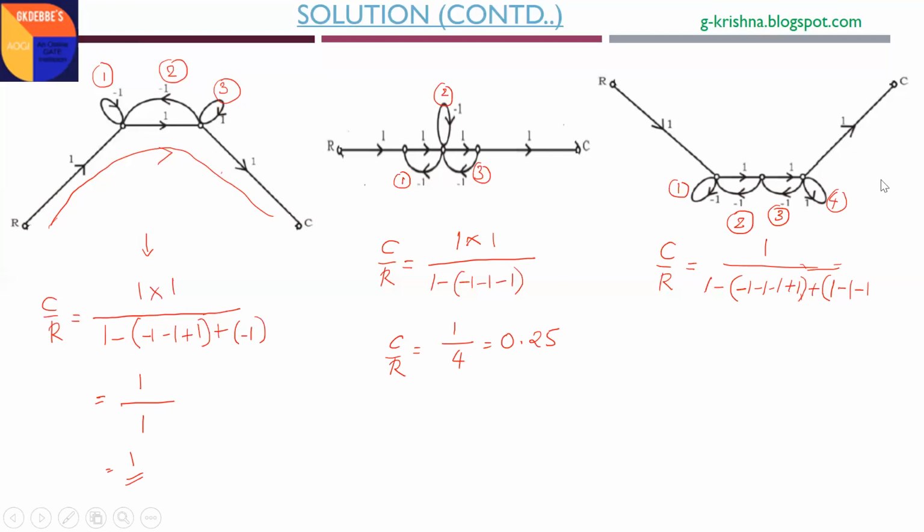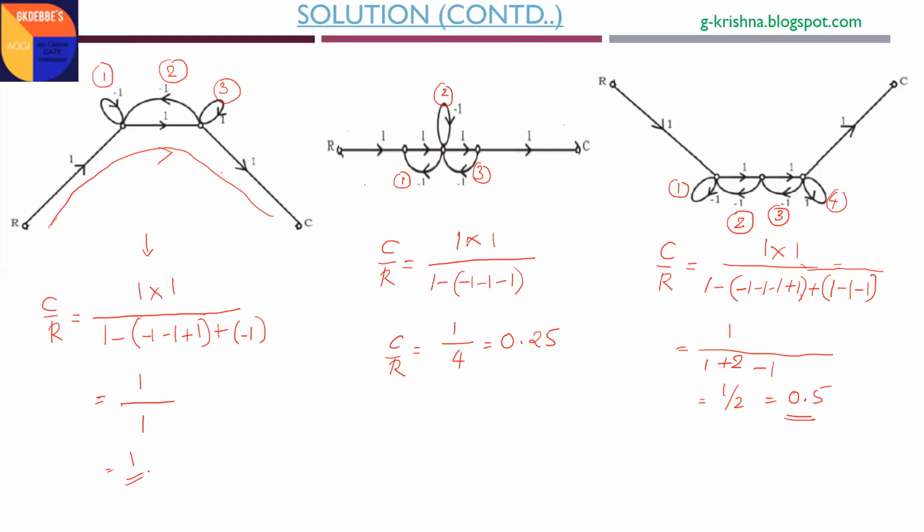What about 3 and 4? Again, touched. Therefore, there are no more 2 non-touching loop gains. Any 3 non-touching loop gains, you can also check it. There are no 3 non-touching loop gains. And in forming this forward path gain, all loop gains are touched, hence delta 1 will be 1. If you simplify this, the gain we get is 1 by, 1 plus 2 minus 1. This will be 1 by 2 or 0.5.